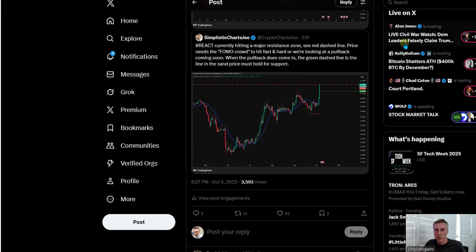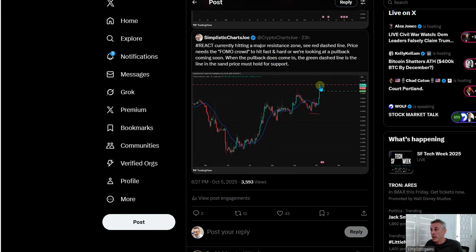Quick video on React. What I want to do is go back to the post we made yesterday on X regarding the price action and where resistance was going to hit, and then the possible support location. As you can see right here, the price was coming up, and the red dash line was going to be major resistance on that price action.